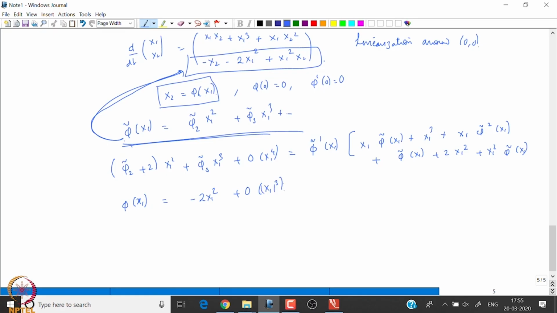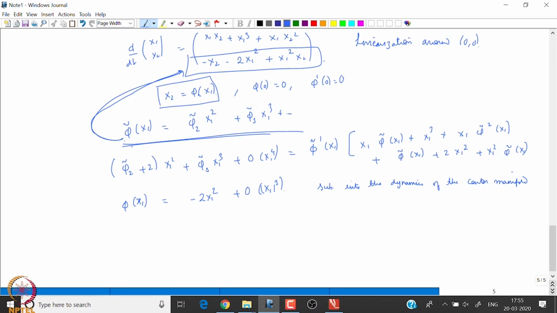Now, if I substitute this into the dynamics of the center manifold, what do I get?